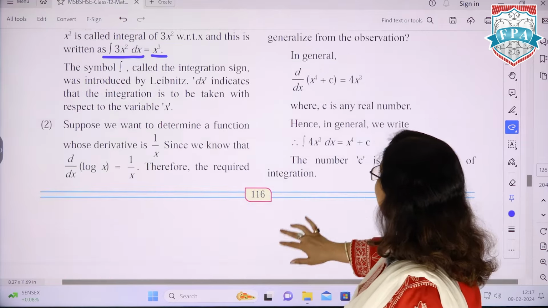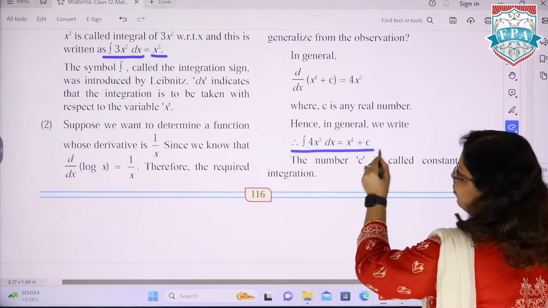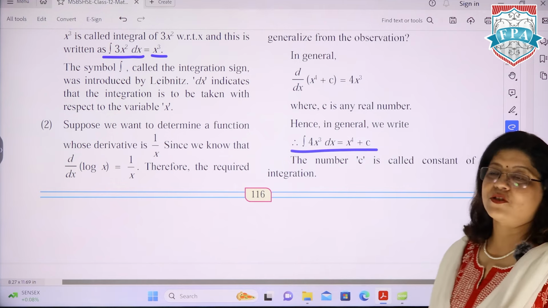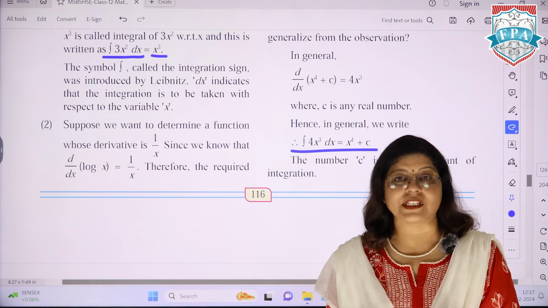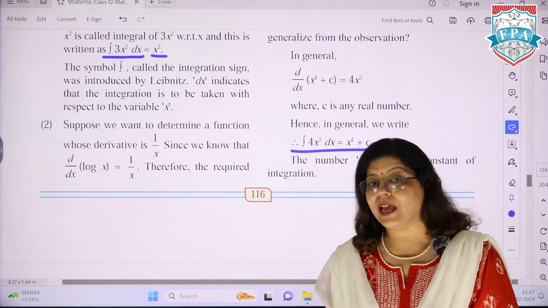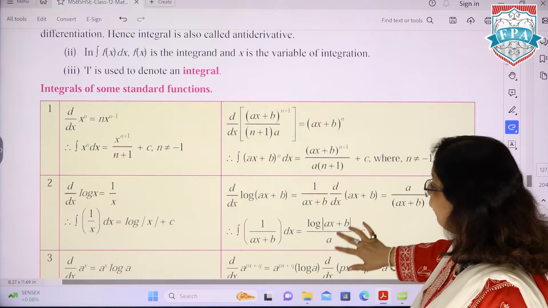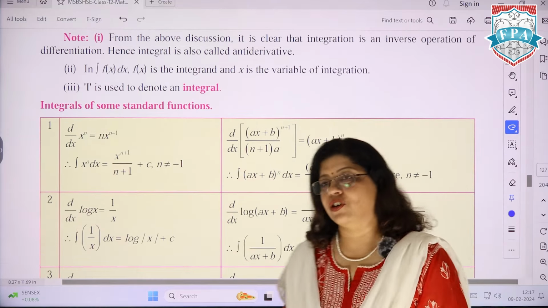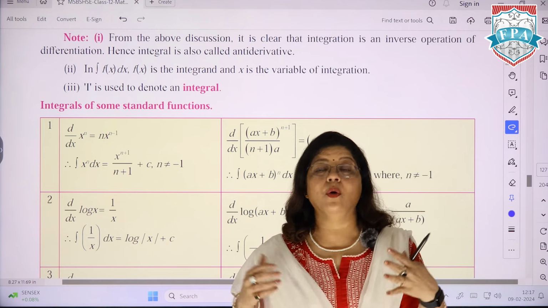In case of integration, we use this symbol, like integration of 4x cubed dx, and the answer comes as x to the power of 4 plus c. How this answer comes, we'll be discussing. There are various formulae that we'll follow to get the integration. One difficult thing with integration is that we don't have rules like for uv.